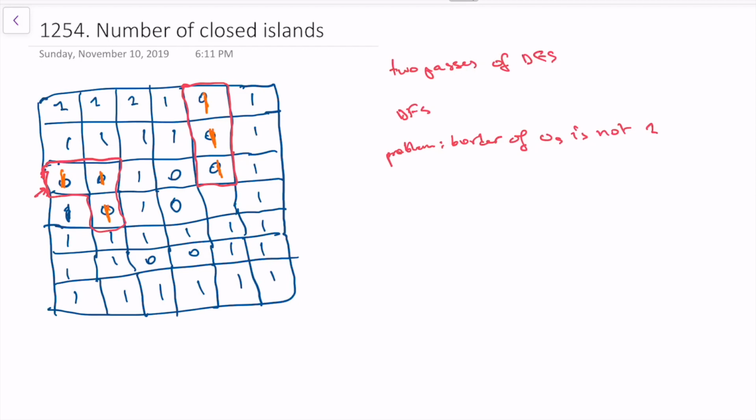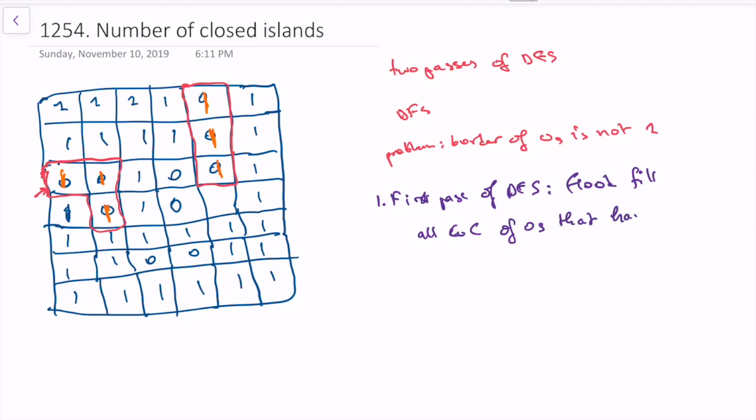So basically what will happen here is the first pass of DFS, flood fill, we just flood fill this, basically replacing with 1s all the connected zeros that have an edge that is a border and it is 0, right? So flood fill all connected components of zeros that have a 0 as a border, right?